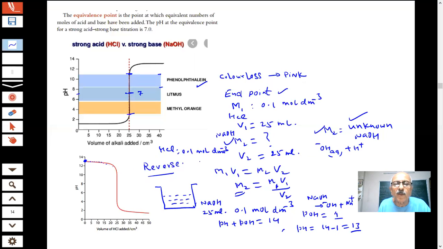This you are adding from the burette. This burette contains HCl. So you are adding in this and you have a pH meter to record the pH. So this reaction is taking place. Same reaction. Only when you add 25, immediately you see a large change.